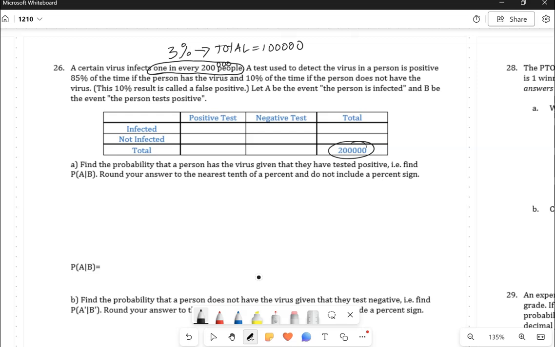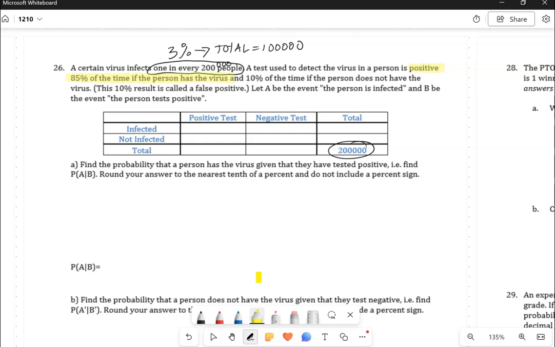If you don't have a table already filled out, it's up to you to create one. And then in the bottom right, you need the grand total of your simulated population. So if it's a percentage, I go with 100,000. If it's a 1 in every however many, I add enough zeros to make that into a 100,000 multiple. Here we go. Let's start off with this piece of information. A test is positive 85% of the time if the person has the virus.